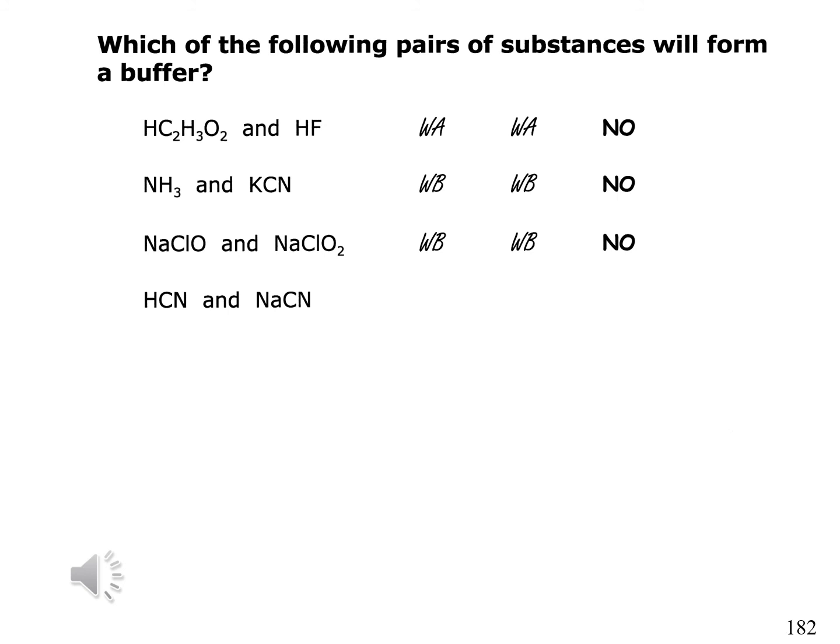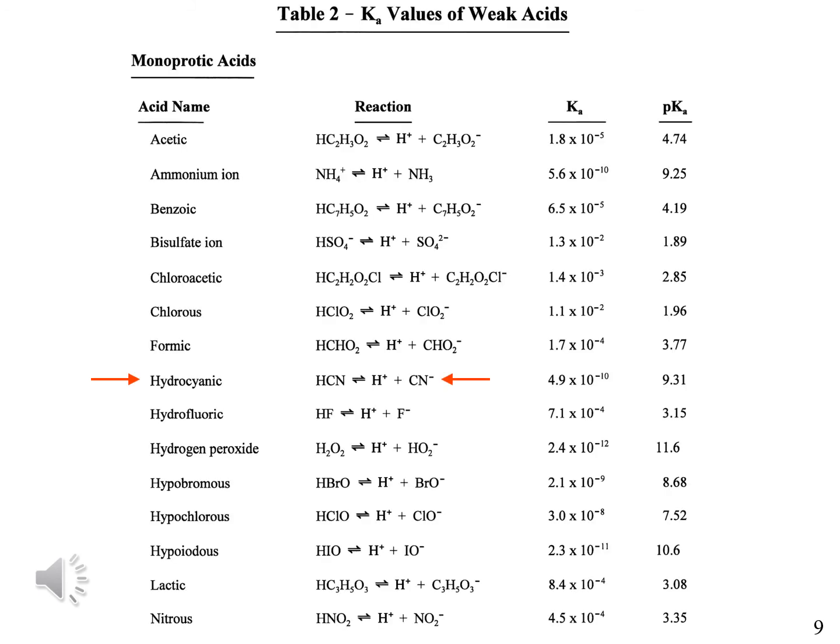I like a weak acid and the conjugate base of the same acid, but you have to just know what a conjugate base is. So since this is a weak acid and the conjugate base of the same acid, it does make a buffer. Since HCN and CN- are in the same line, that verifies that it's a buffer.